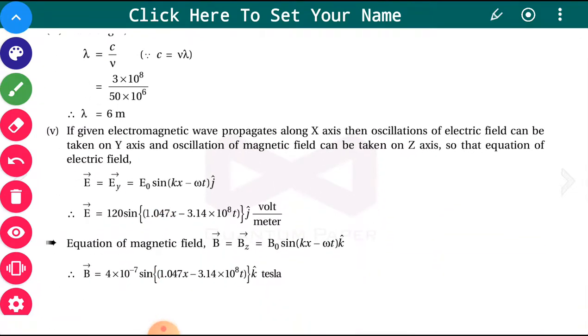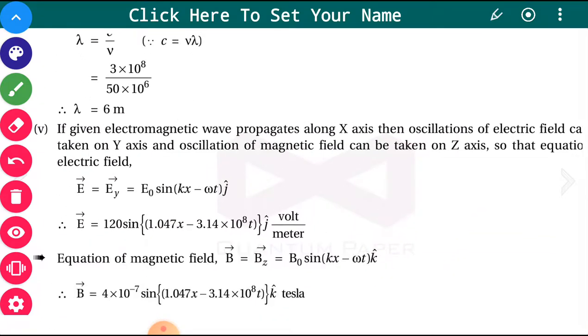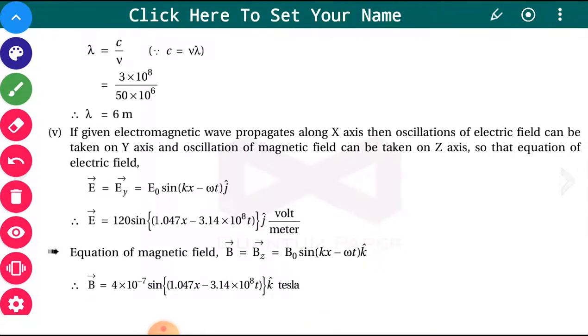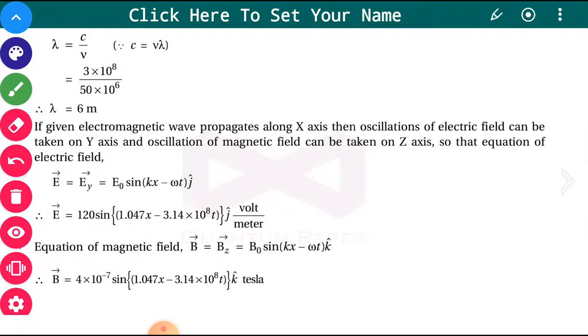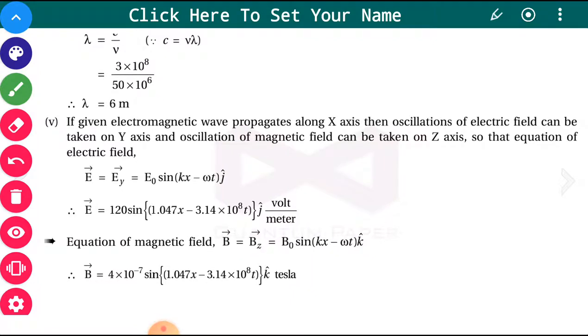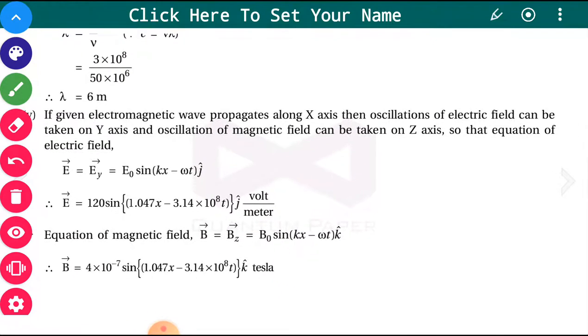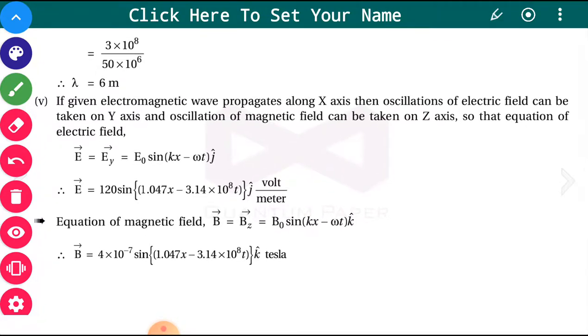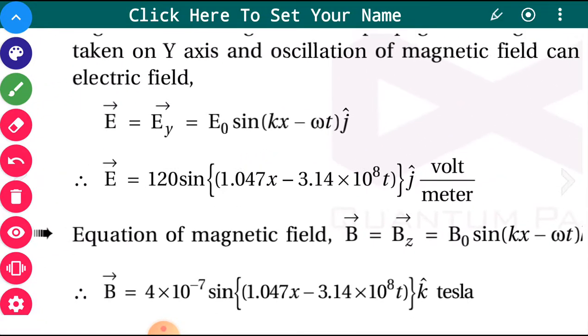Now if the given electromagnetic wave is propagating along the x axis, then the oscillation of the electric field can be in the y direction, and that of the magnetic field is in the z direction. So easily you can write the expression. We have taken that the propagation is in the x direction, that is our assumption here.